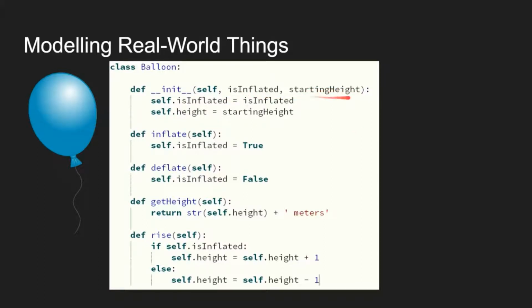And we can also set a starting height. We can then call the inflate or deflate method of the instance to inflate it or deflate it respectively. And we can also get its height in meters at any time. Finally, we can call the rise method, which depending on if it's inflated or not, will increase the height property or decrease the height property.